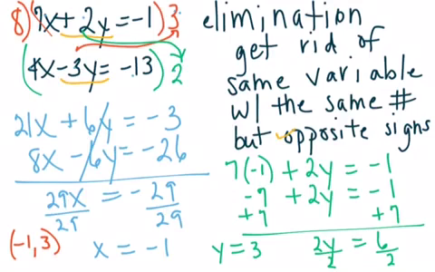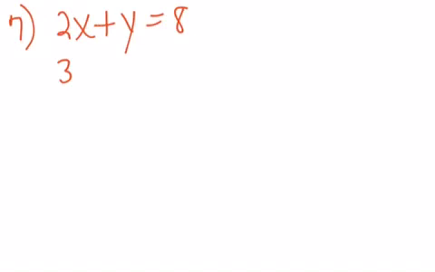Now if you'll look at number 7 in the composition book, it has 2x plus y equals 8, and 3x plus 3 halves y equals 12. Most of you do not like fractions, so there's a couple of strategies to solve this, but let's stick with the strategy that we used before.